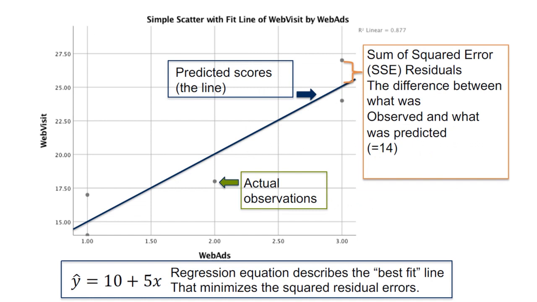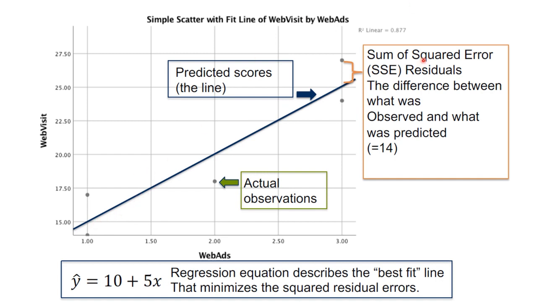Here is what a scatter plot would look like when the regression line has been fitted. So let's look at this in a bit more detail. On the x-axis, we have web ads. On the y-axis, we have the web visits. The dots are the actual observations that we have in our data set. The blue line is our regression model.